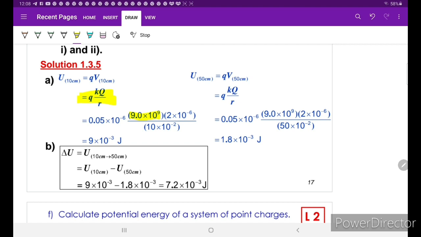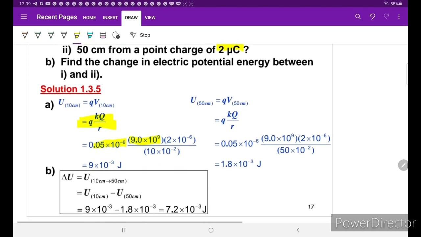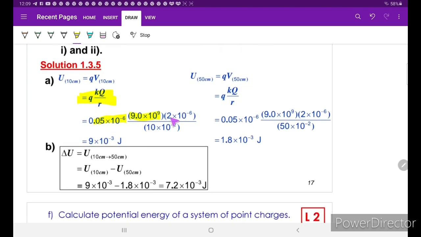We substitute the first charge with 0.05 micro, converted into SI unit, so it is exponent negative 6, and the other one is 2 microcoulomb, which is 2 exponent negative 6, and the distance between them is 10 exponent negative 2. So the answer is 9 exponent negative 3 joule.